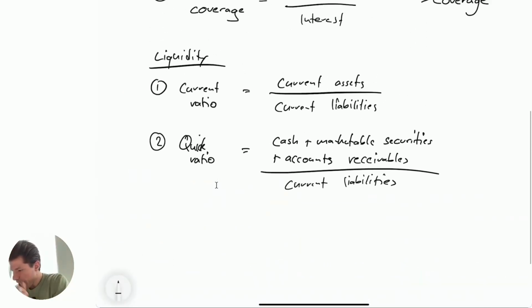A bit similar, we have taken out some of the current assets. So here we are not talking about inventory. So we have decreased the numerator.